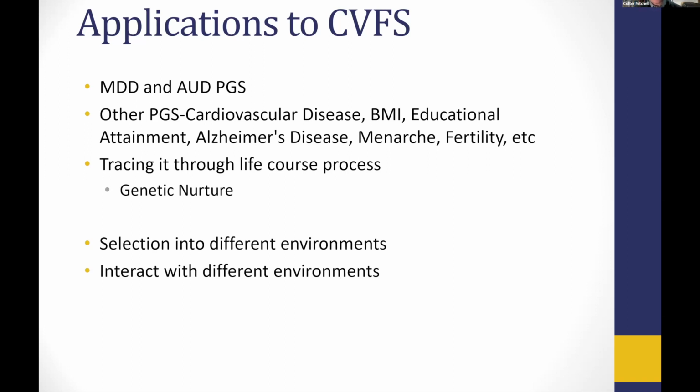Selection to different environments, interaction with different environments. Again, same thing. Imagine again this idea of a lake, right? Again, I'm going to stick with type 2 diabetes because it's the one thing that I don't know that anyone's going to work on here.